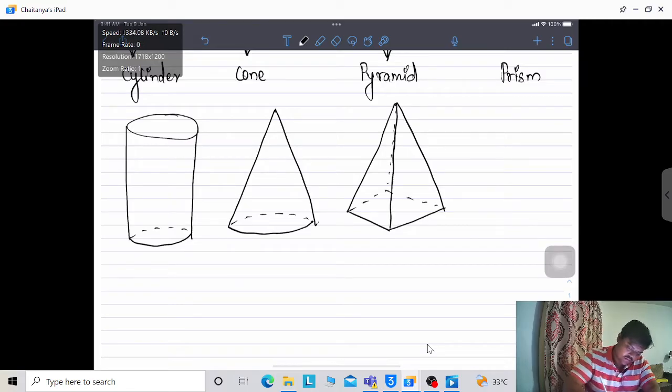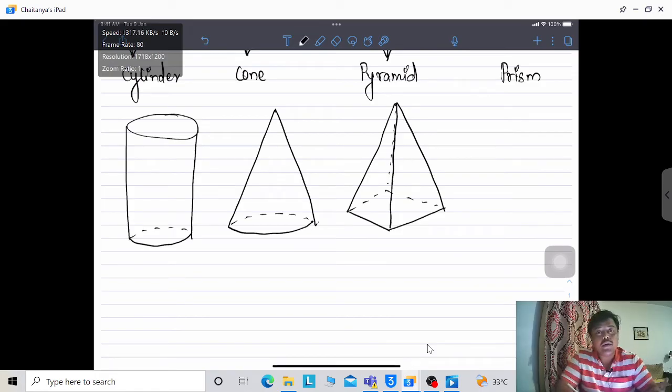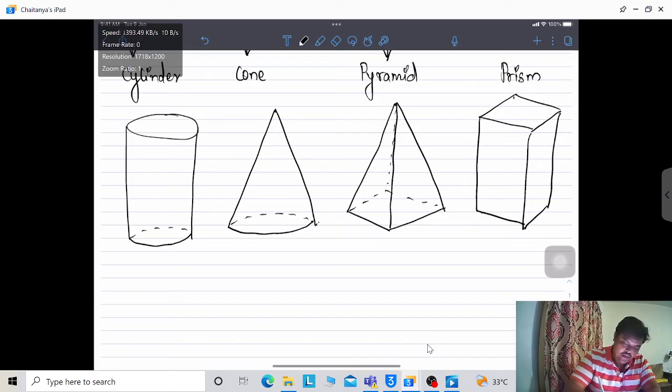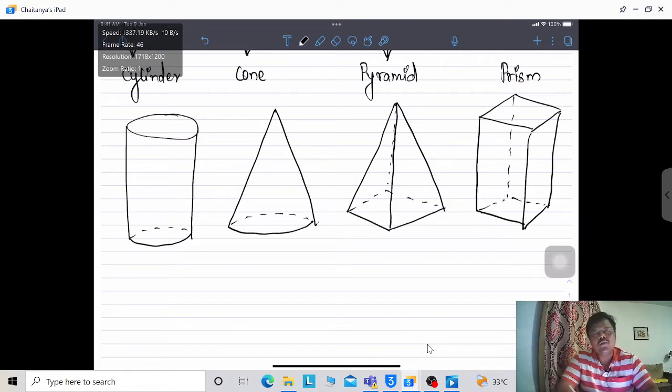So this is how a square pyramid looks. And for the prism, I'll again take the example of a square prism. You will have two squares related to it. So this is a square prism.